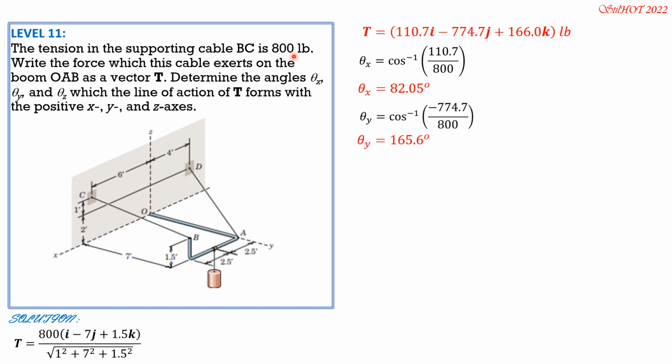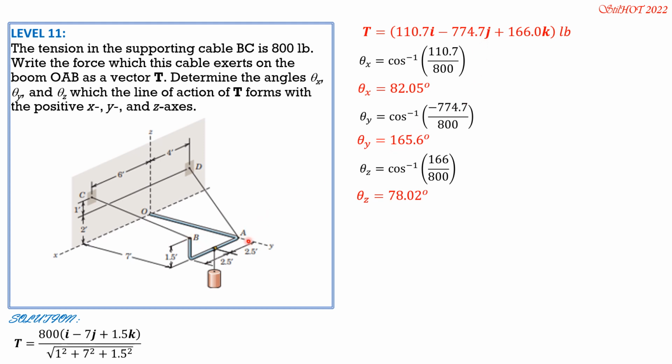So theta y is 165.6 degrees. Then theta z is inverse cosine of 166 over 800. So 78.02 degrees.